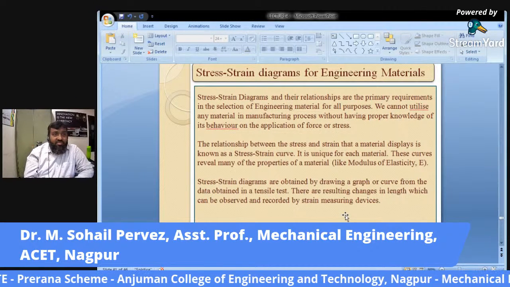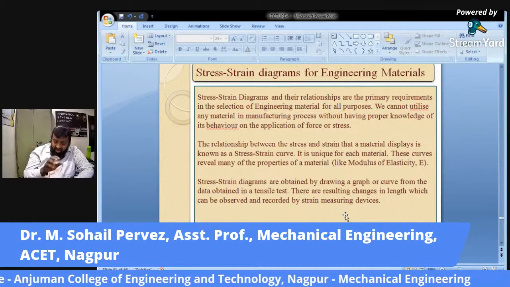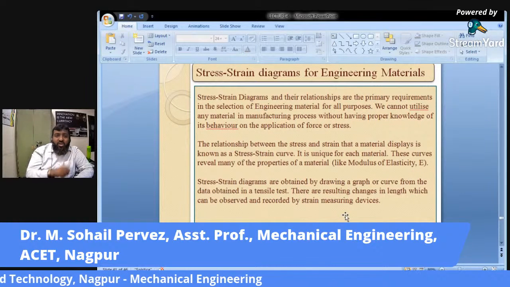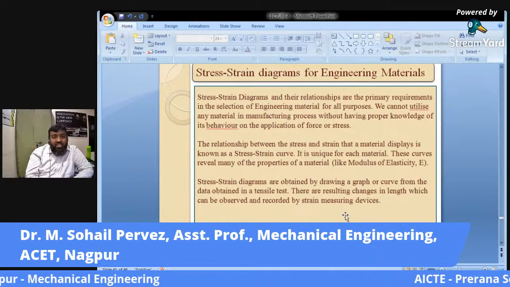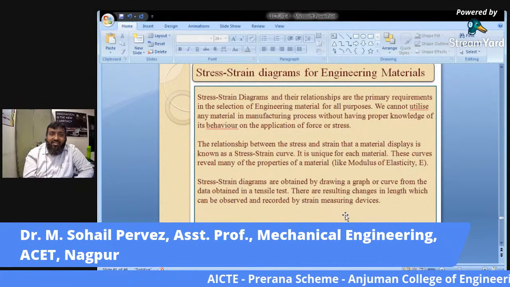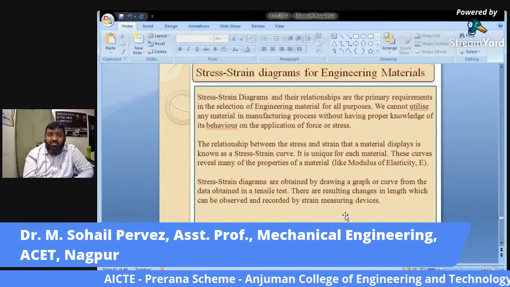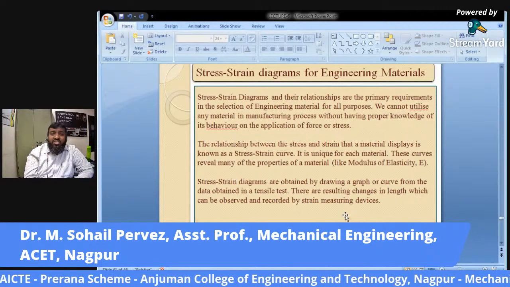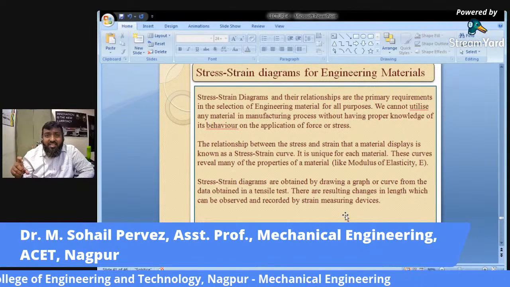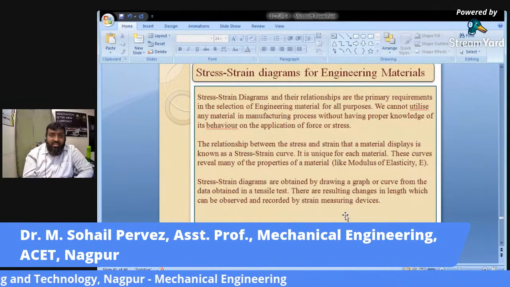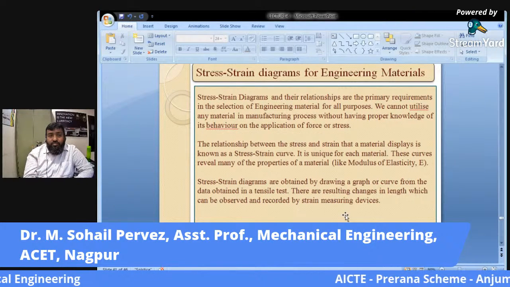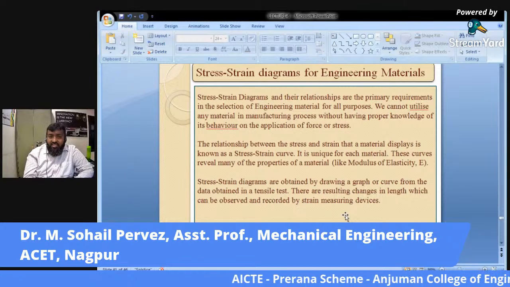Now the last portion, the stress strain diagram. Basically, the stress strain diagram is the graphical representation of the relationship between the applied load and the elongation produced in the metallic bar. A specimen is taken and tested on a universal testing machine, whereas the elongation can be measured using either dial gauges or now extensometers.